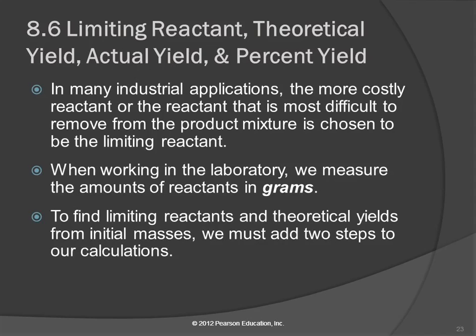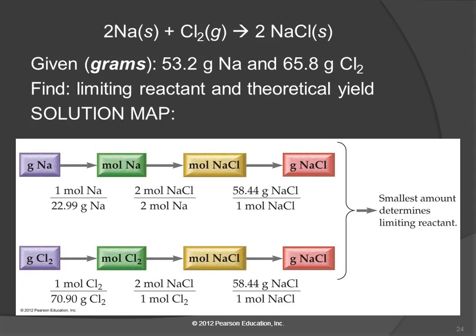So moles are all nice and everything, but we actually use grams. And so we need to be able to calculate limiting reactants and theoretical yields using masses instead of moles. So this is the same idea, but now we're going to put a step at the beginning and a step at the end. And so we're just going to combine some stuff together.